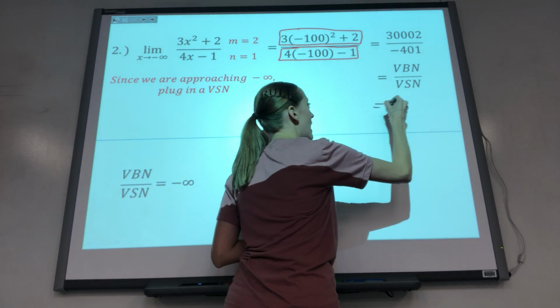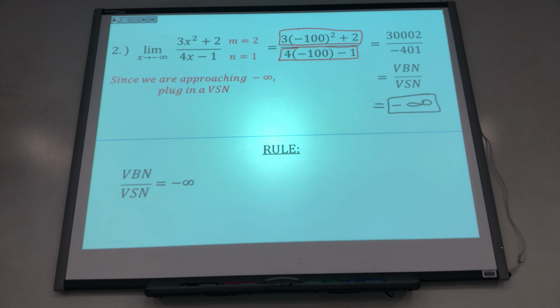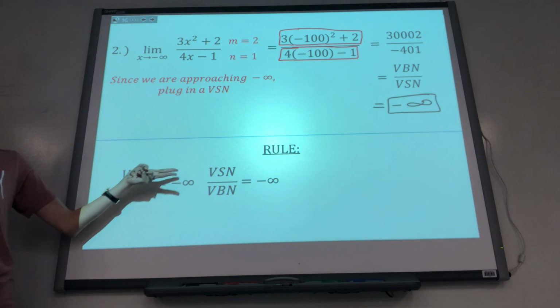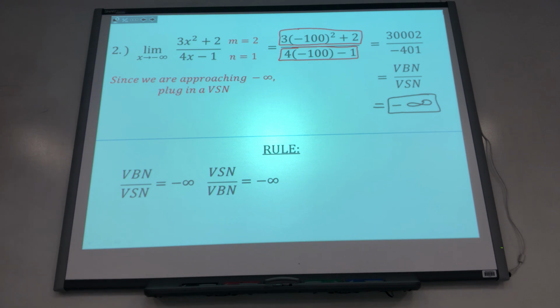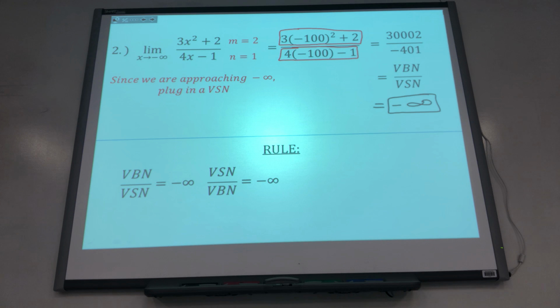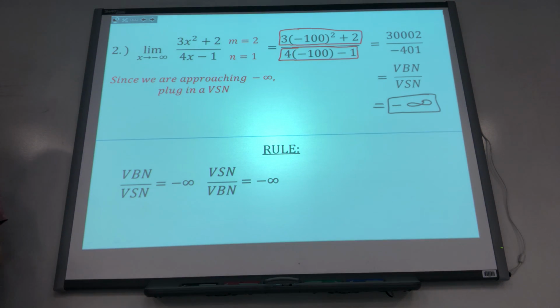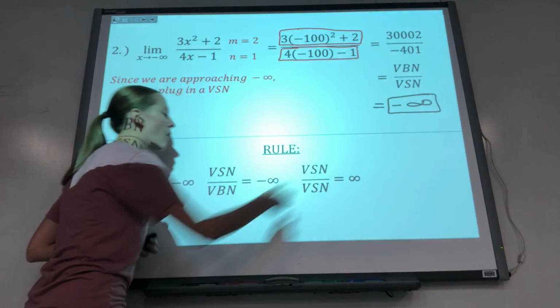So the answer to this example, example 2, is negative infinity. If you had that switched, I'm just showing you all of the cases because you'll run into other cases later. If you end up with a very small number over a very big number, that would also give you negative infinity.